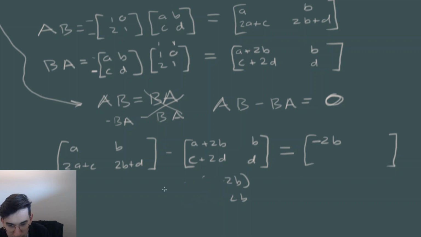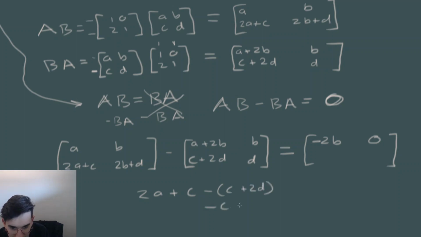Negative 2B. Okay, next we have B minus B. Wonder what that equals. It equals 0. So we get 0 there. Now for this one. 2A plus C minus, now I'm just going to distribute beforehand. Let's not. Let's keep it simple.